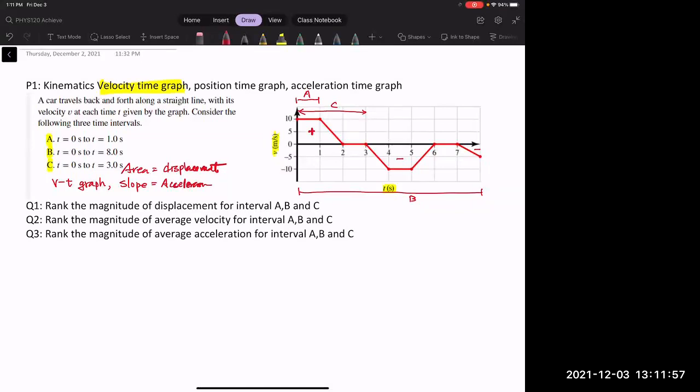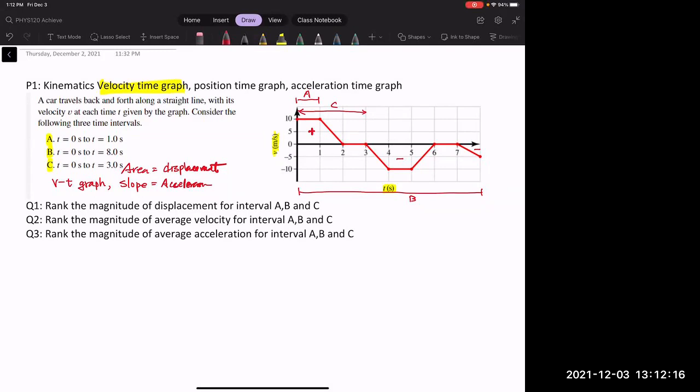So over here, the first thing we want to look at is the displacement. The displacement means the area under the curve. So we want to find the area for each one of the intervals.